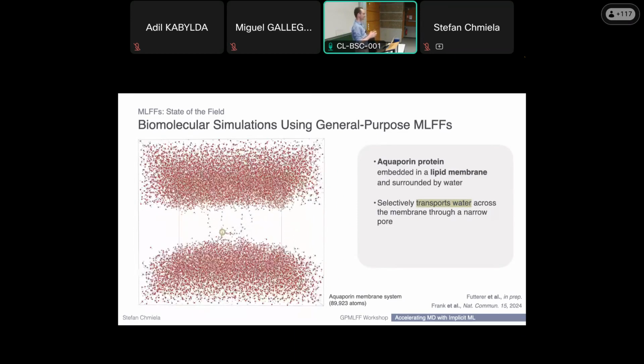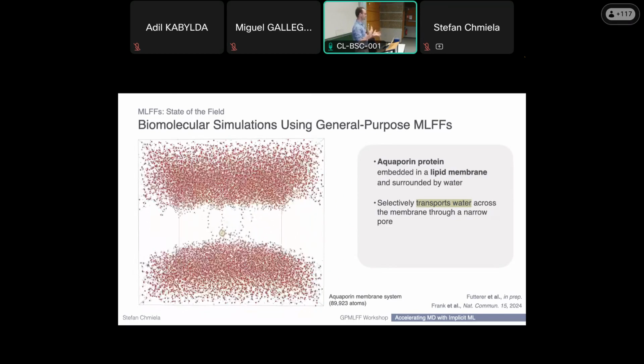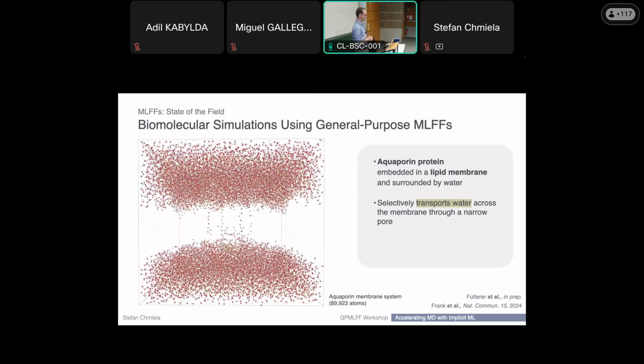It's interesting because it's a functional system: it's transporting individual water molecules along those narrow channels. Remarkably, this model has been trained on the SPICE data sets, on a data set of small fragments. It has not been specifically trained to predict this, and yet it still works.